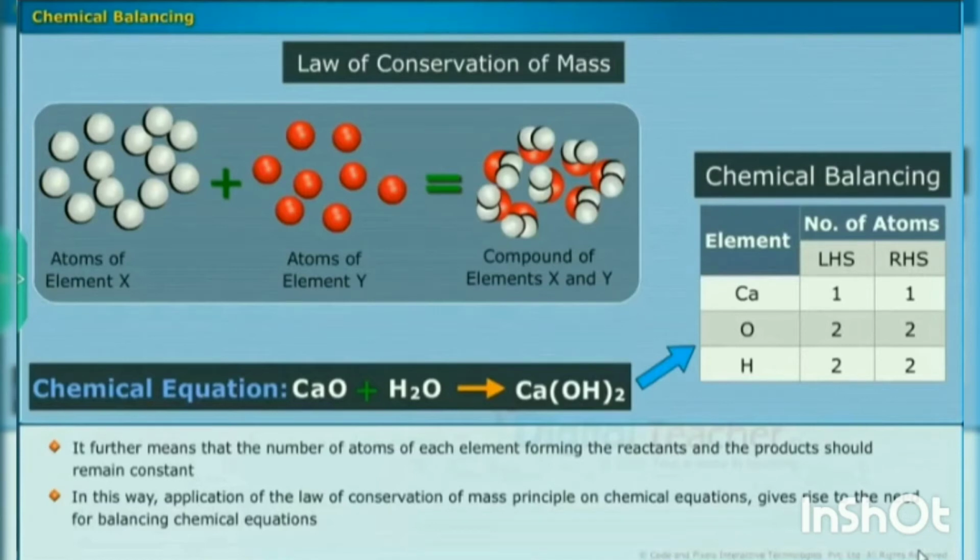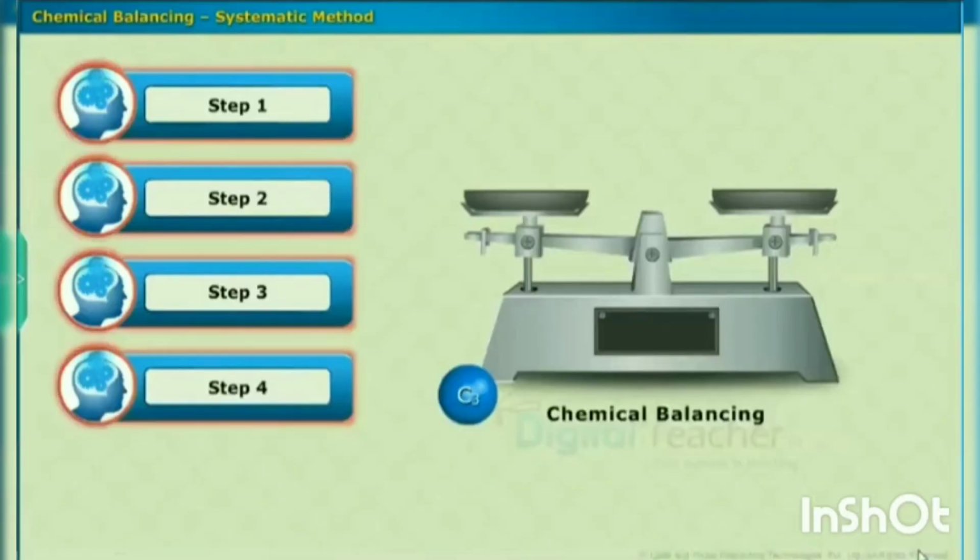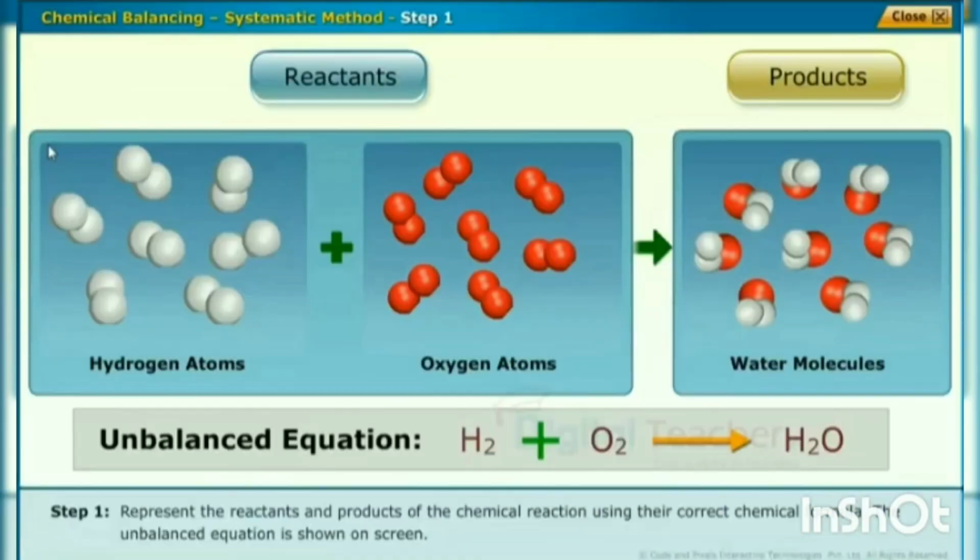In the process of balancing a chemical equation, the number of atoms of each element present on the reactant side should always be equal to that on the product side, or their masses should always be equal. Let's try to balance an equation.